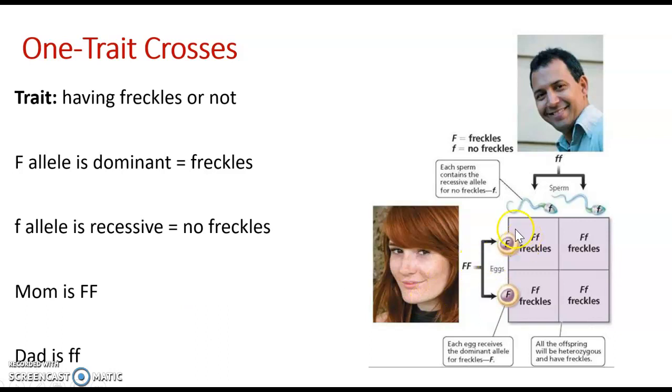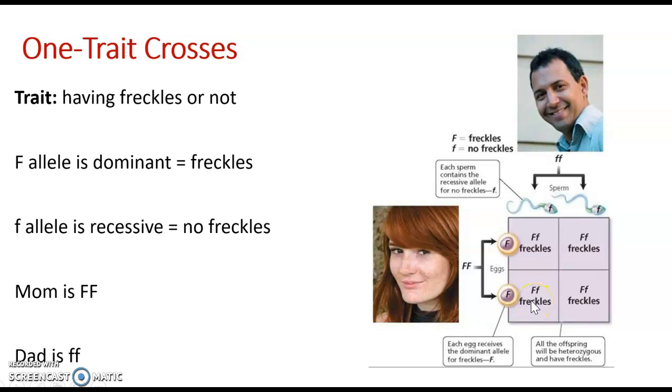Mom can only donate a big F dominant allele, and dad can only donate a little f recessive allele. So we're going to put mom's eggs on the side here and dad's sperm on the top. And then we're going to match them up. Big F from mom, little f from dad in each of those squares.